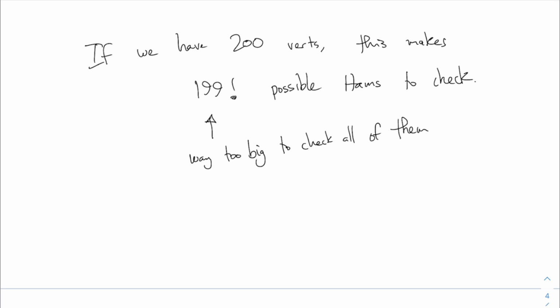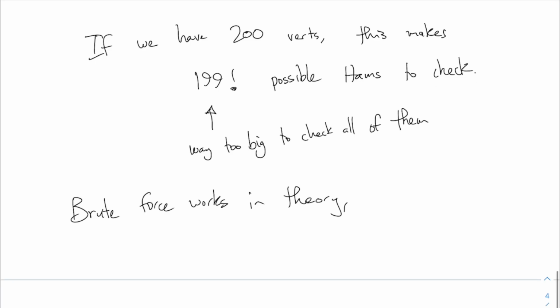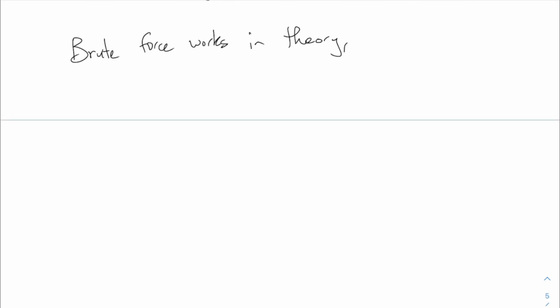So the moral of the story here is the brute force works in theory, but is not practical for many vertices.